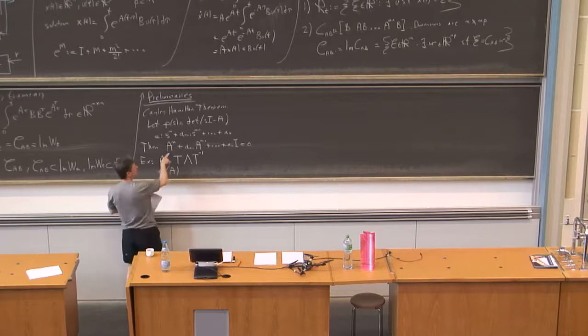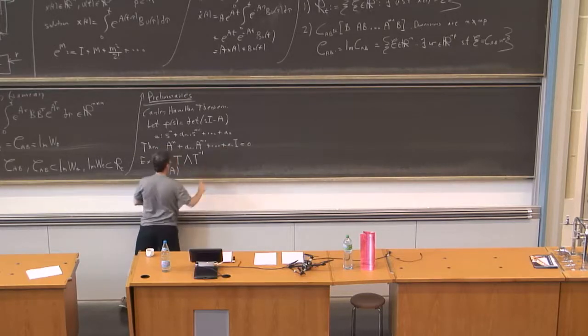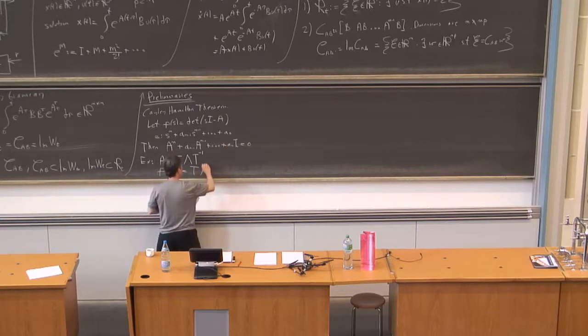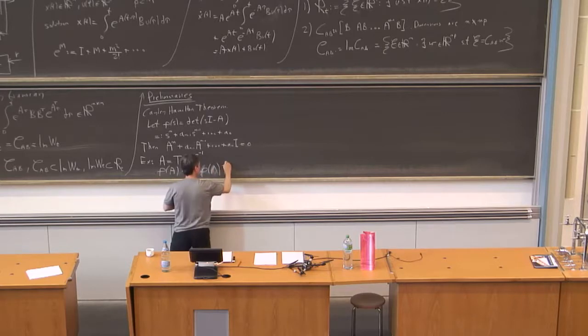This is the short form of basically taking A and plugging it into this polynomial, and it is just equal to T times the characteristic polynomial applied to lambda times T inverse.